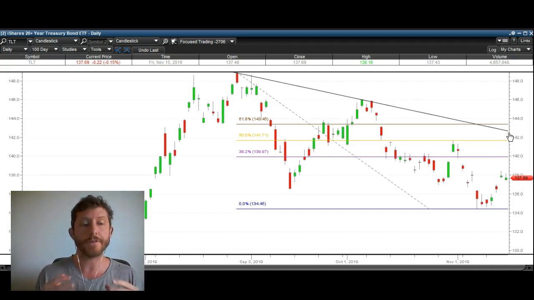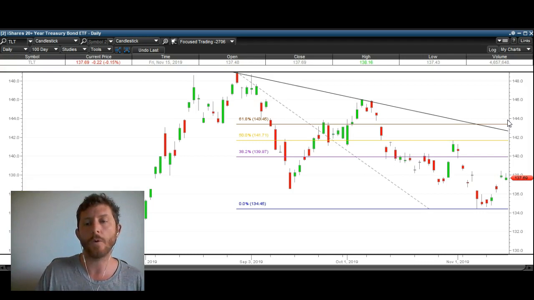I think the risk that you can use should be a close over about 144. A close over 144 to me would invalidate this theory, at least in the short term. Now, if we closed over 144 and then closed back under, to me that would be a signal to short again.